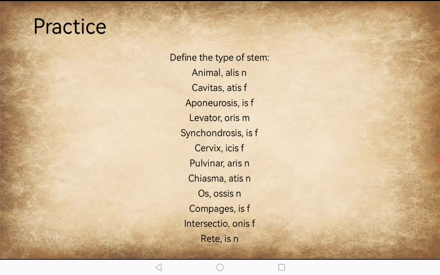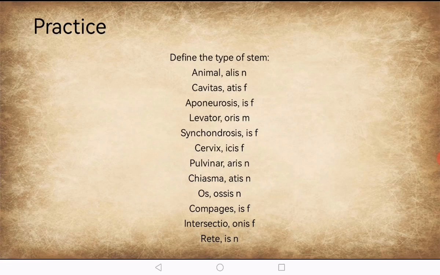So we have a practical exercise for you. Look at the word. You can stop the video and think a bit. Define the type of the stem. I can tell you that it won't be easy, but just give it a go and think of it. You can check the answers on the next slide.